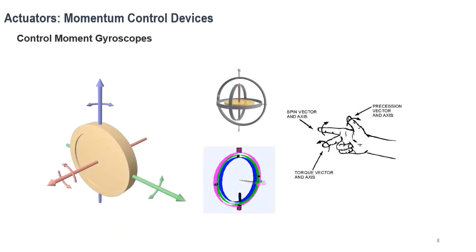A control moment gyroscope is an attitude control device generally used in spacecraft attitude control systems. This particular CMG consists of a spinning rotor and one motorized gimbal that tilts the rotor's angular momentum. As the rotor tilts, the changing angular momentum causes a gyroscopic torque that rotates an aluminum frame.